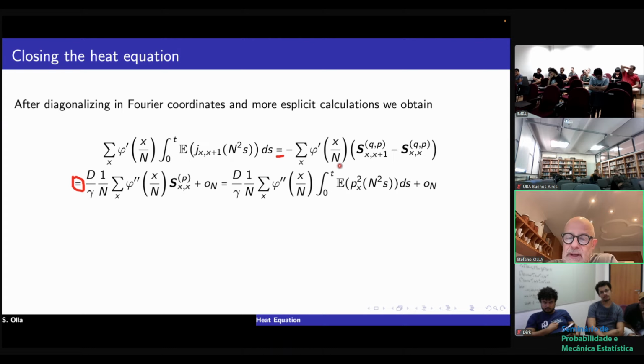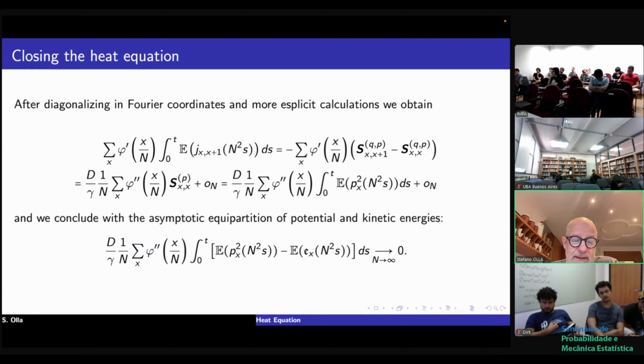I'm not going into this. This is just linear algebra. In fact, you sit down, it's complicated, it takes a couple of pages, but it's basically linear algebra. And this is for stochastic dynamics.